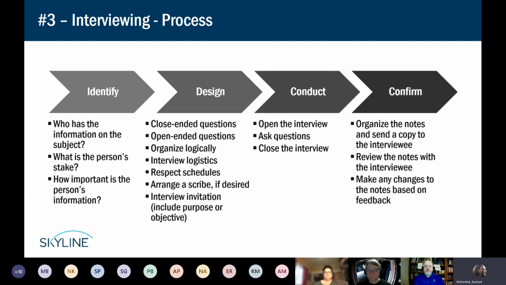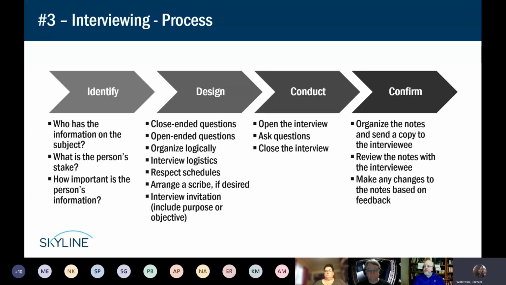And then when you schedule the interview, of course, be respectful of the interviewee's schedule. Flex around it if necessary. When you send out the invitation, be sure to include the purpose of the interview with an agenda and then the expected outcome of the session. And then when you conduct the interview, you ask your questions, you get your answers, have a dialogue, and then when you're done, make sure you organize your notes, prepare them, and provide a copy to the person who was interviewed and make sure that you got everything correct.